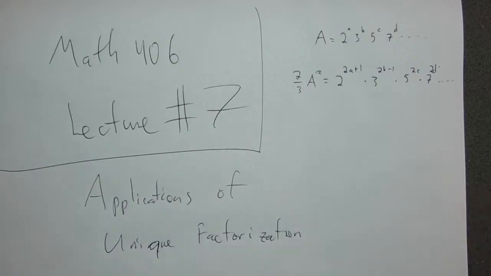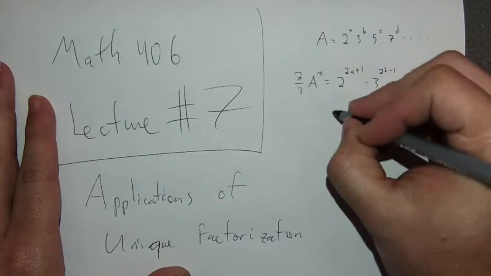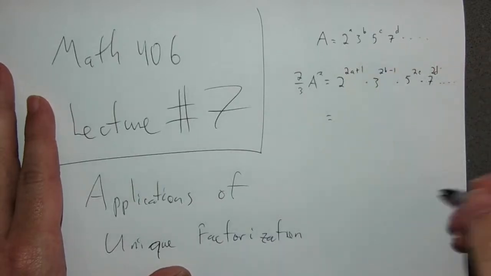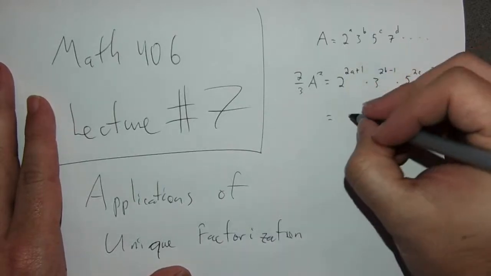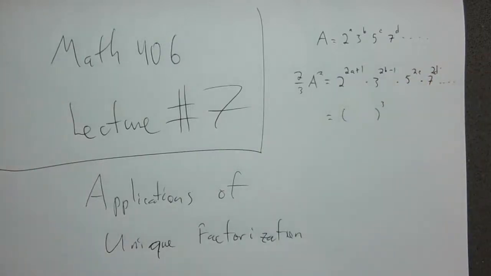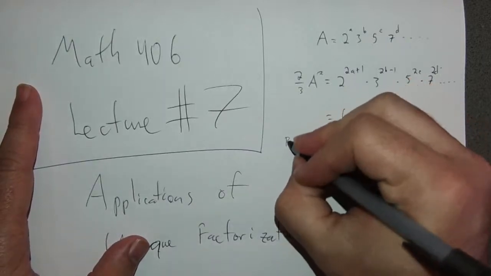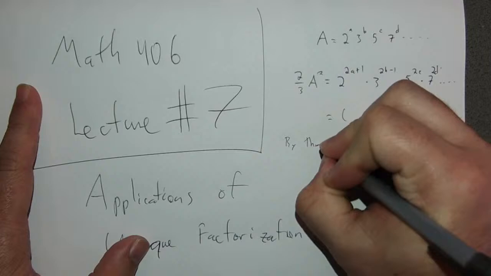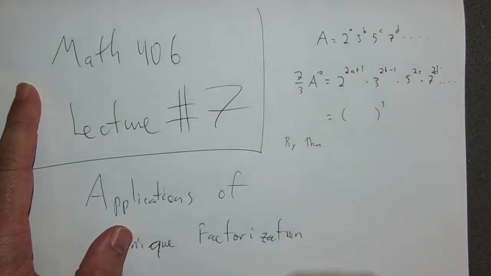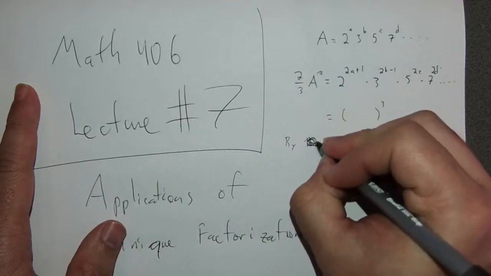Okay, using this fact that I'd proven, I claim this thing is equal to something cubed. By the theorem, I can't remember what this is called, okay, it's called a proposition in the textbook.